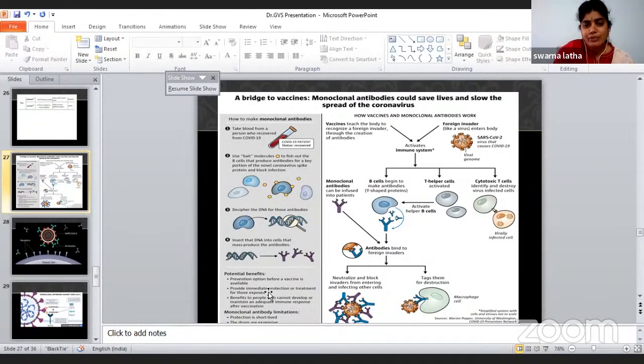So potential benefits means we can offer prevention before a vaccination, because usually the vaccination procedure, if it is new, like in this COVID pandemic, in order to develop a vaccine for any particular new disease or any bacterial or viral infection, it almost takes 2 to 3 years, because several clinical trials have to be done.